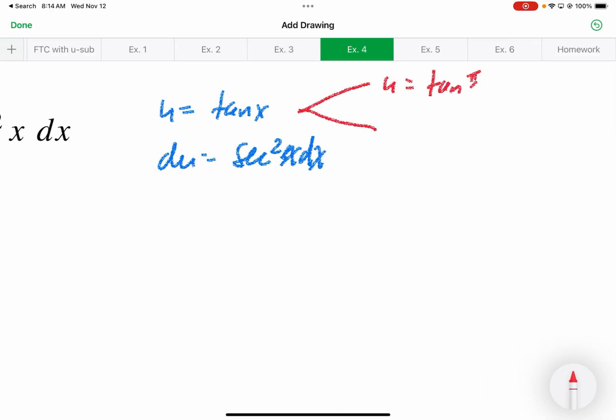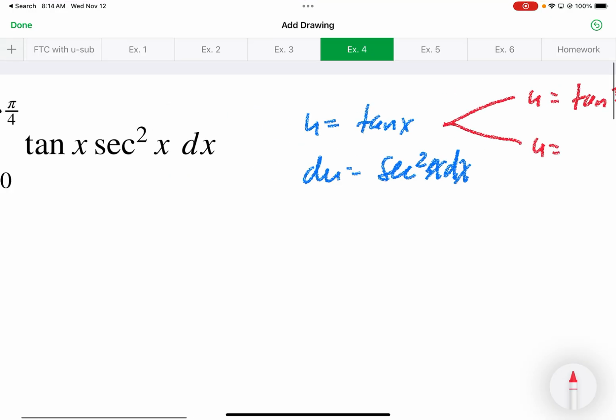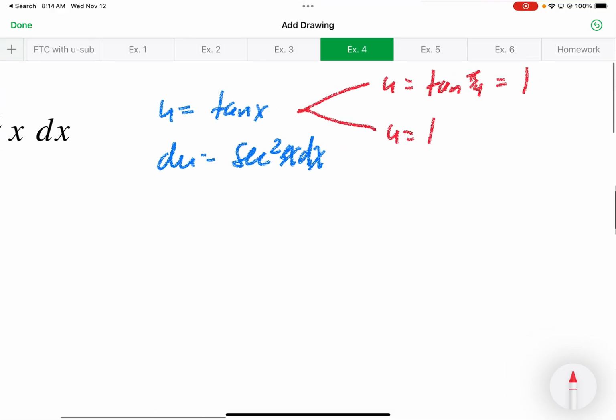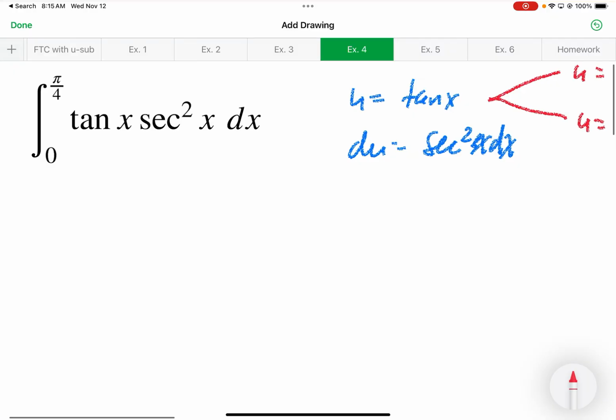So tangent of pi over 4, which equals, nice. And then tangent of 0. That's sine of 0 over cosine of 0, which is what? 0. Cool.